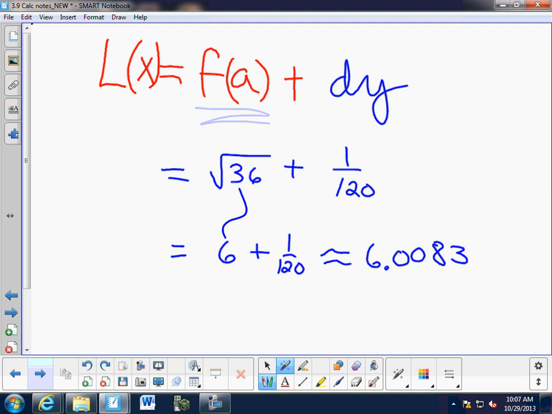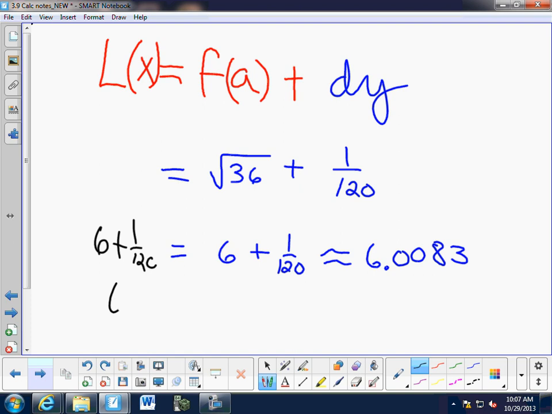So what I've done, without having to really do too much work in terms of real hard calculation, I can find the square root of 36.1, a pretty good estimation, without touching the calculator. Now, changing it to a decimal might be a little tricky, but this is equal to 6 plus 1/120, or 6 and 1/120ths.